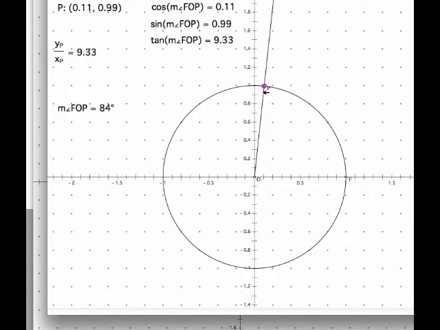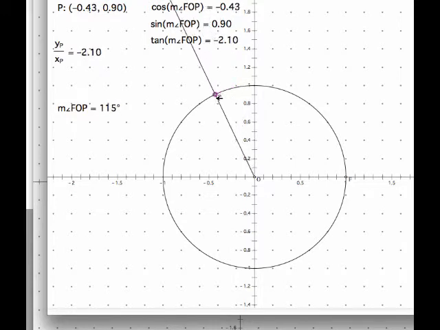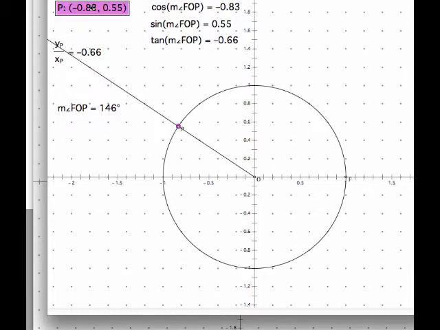Now these change as I move. And if I move past quadrant 1, you'll see that we can still define sine, cosine, and tangent values. Alright, so here we are at 146 degrees. It's measured from here. This is the standard position angle. You can go to your calculator, type in cosine of 146 degrees, or sine or tan, and you'll get these values. But the meaning of these values comes from this diagram. This point right here has coordinates as shown.